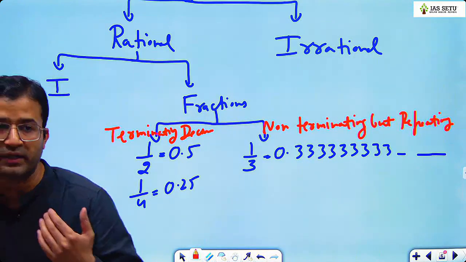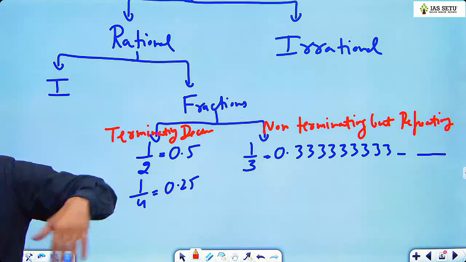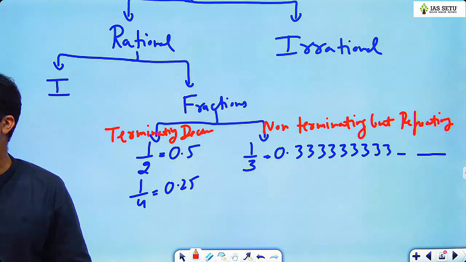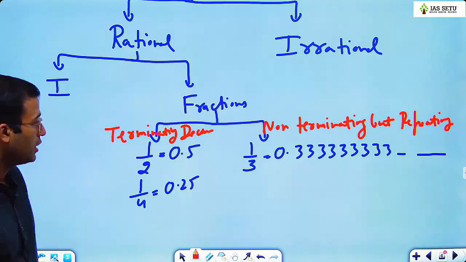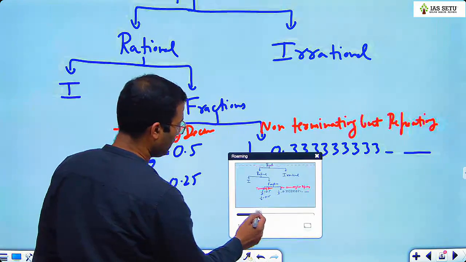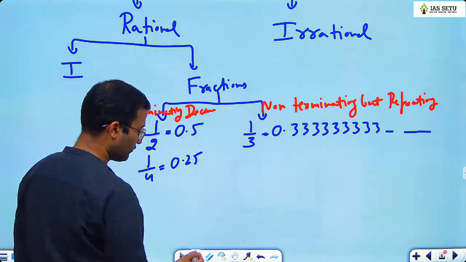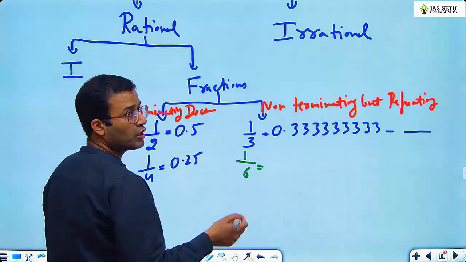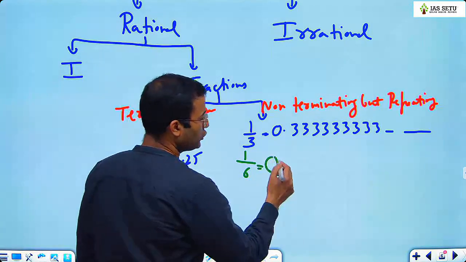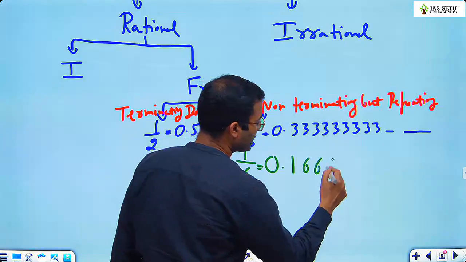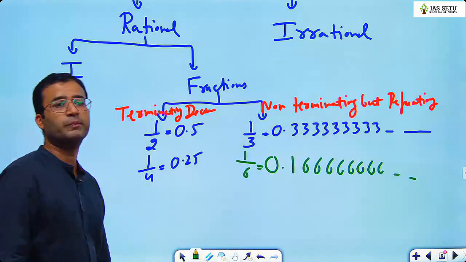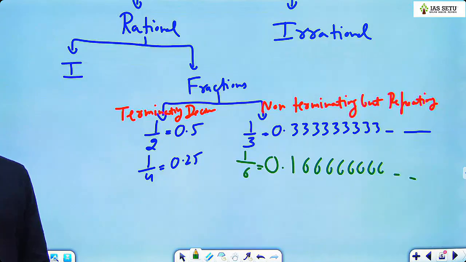They are not terminating but keep leaving their mark, repetition. 3 is repeating, and it doesn't mean only one digit repeats. Like 1/6. If you convert 1/6 into decimal, you get 0.166666666. Here 6 is repeating, but they are not terminating.